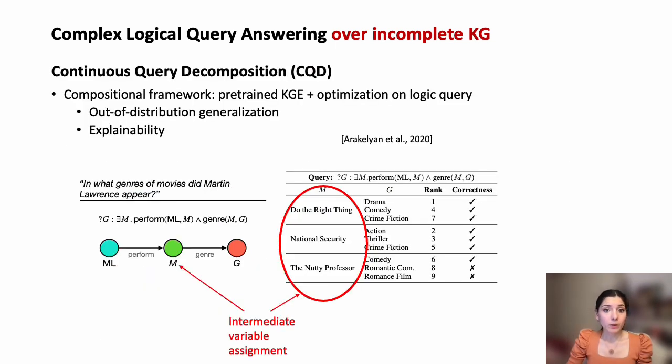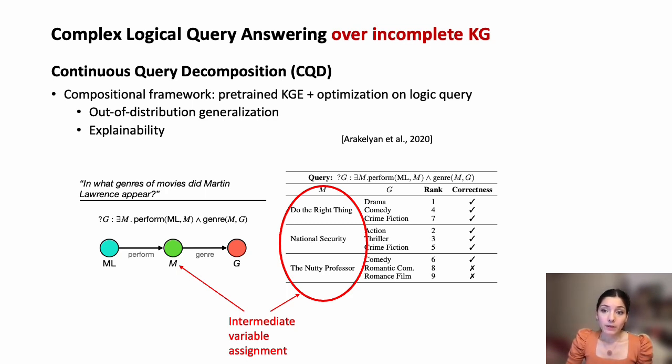Next, the framework continuous query decomposition has a compositional learning scheme where a pre-trained knowledge graph embedding is used in an optimization problem with logic operators formulating the complex query, which is done by a beam search. Although such a search is exhaustive, the compositional pipeline frees complex query decomposition from training on the complex query and answer set.